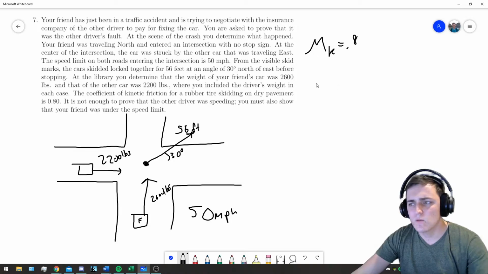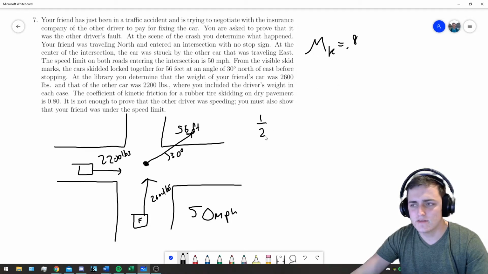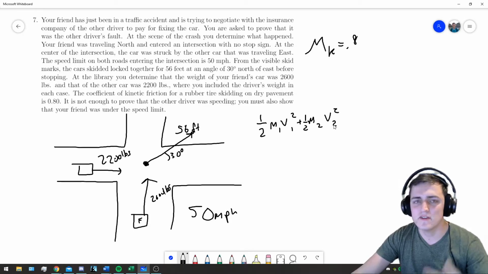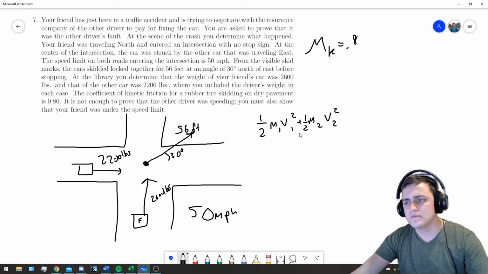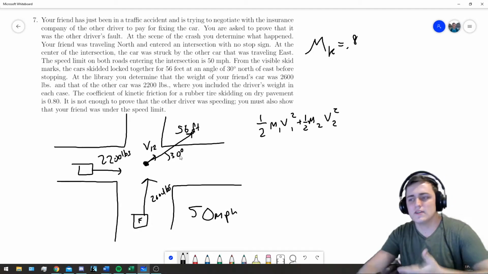So when they crash, they have this kinetic energy, 1/2 m1 v1 squared plus 1/2 of the mass of the second car times the velocity of the second car squared. You can add them together. But we want to look at the velocity of them together. And so we can find this new v, v12. And this is their combined velocity.